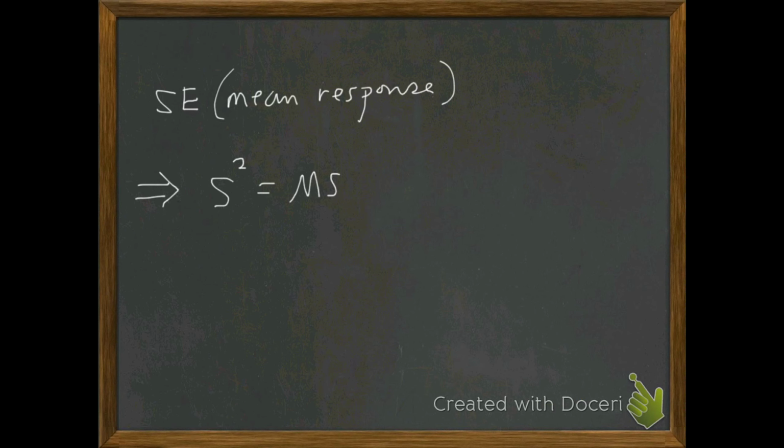It's going to be the mean square error times x transpose h times x transpose x inverse x h.